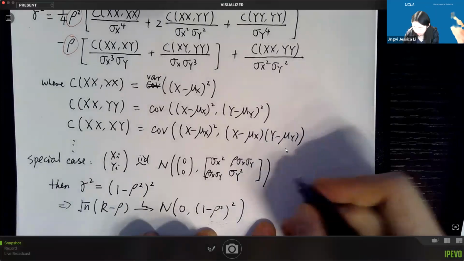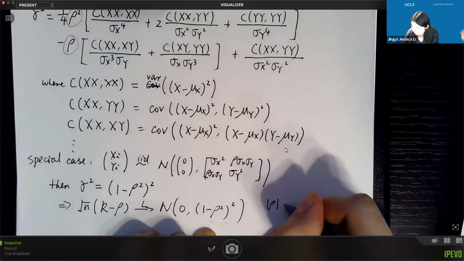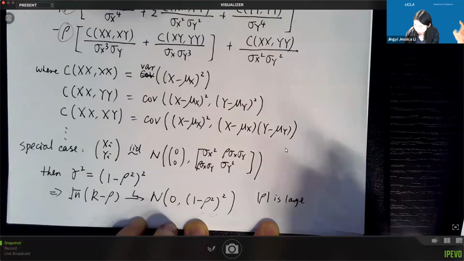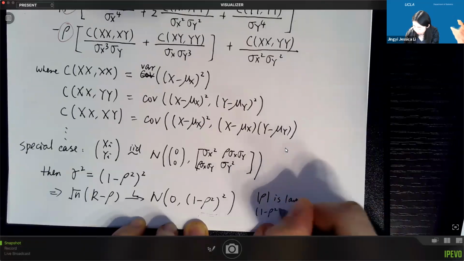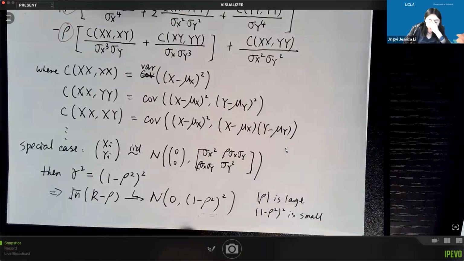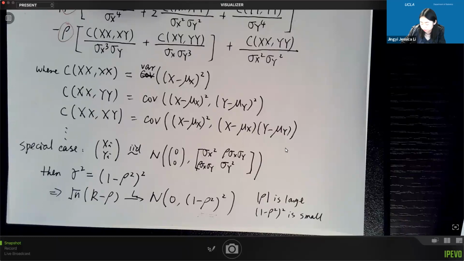So the insight is that if the absolute value of rho is large, then 1 minus rho squared is small, so my sample level statistic will be more concentrated around the population parameter. It's easier to estimate. And the variance is largest if my rho is 0. You can imagine that from seeing the scatter plot, actually.